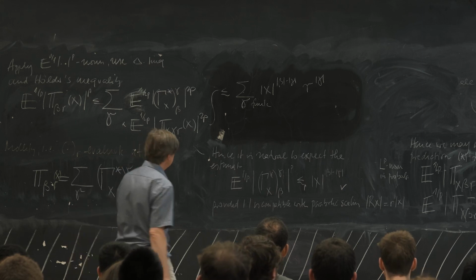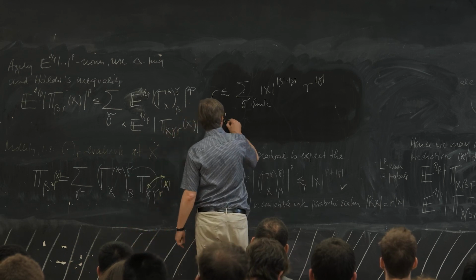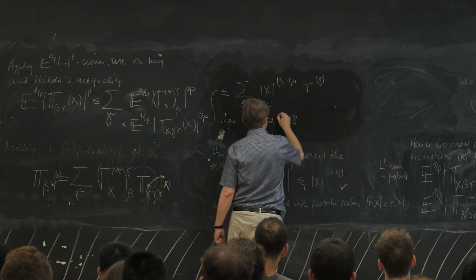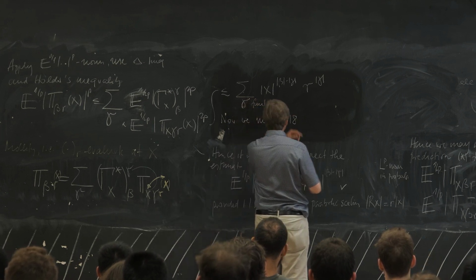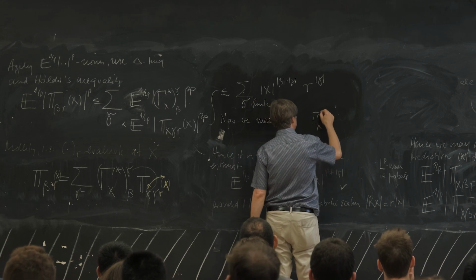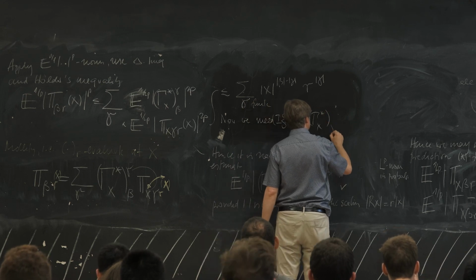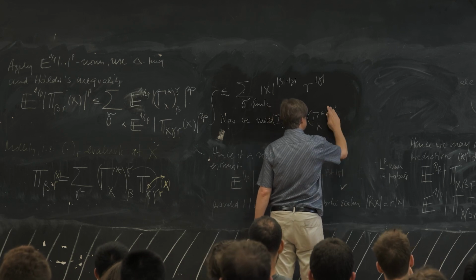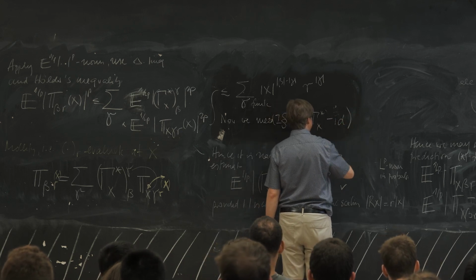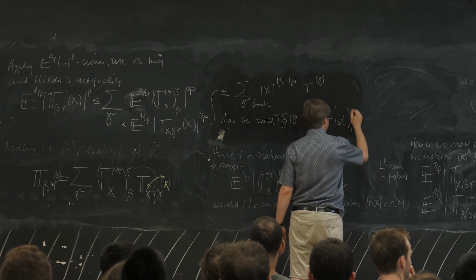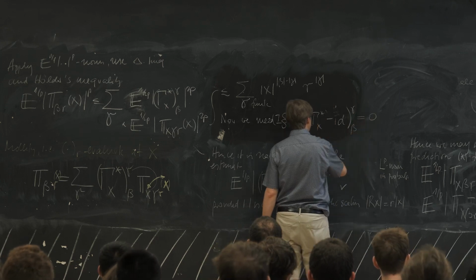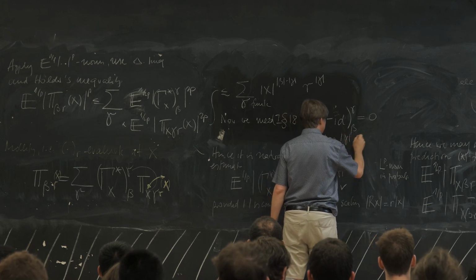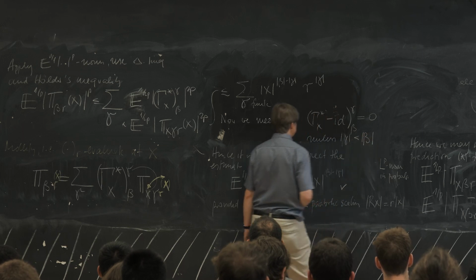Yes, 18. So now we need paragraph 18 from the last chapter, which stated that this here, or in fact something more precise, if we subtract the identity, is equal to 0 unless the homogeneity of gamma is strictly less than the homogeneity of beta.